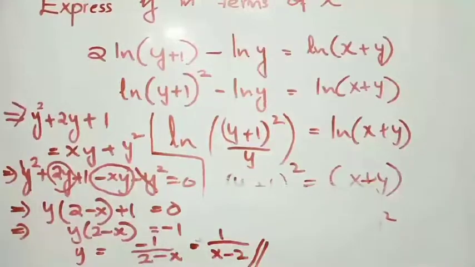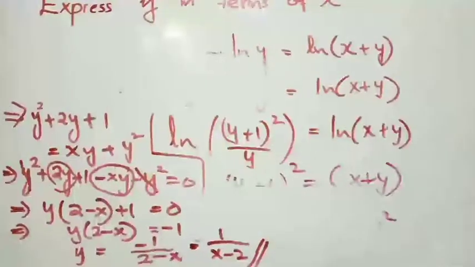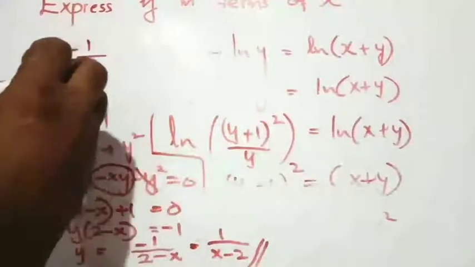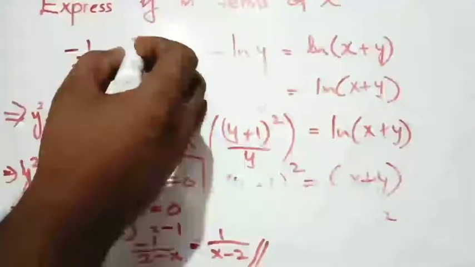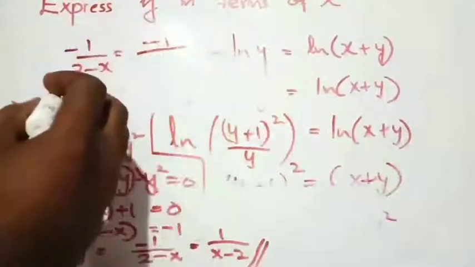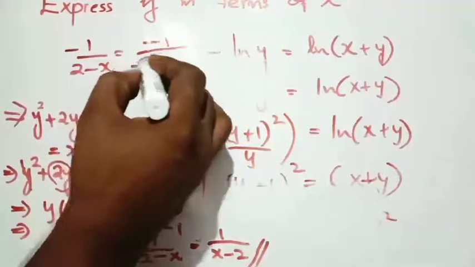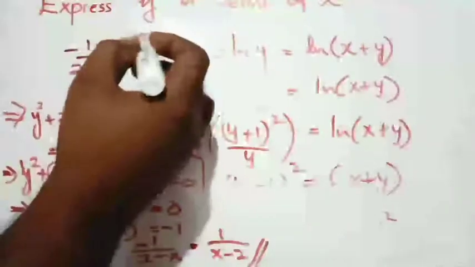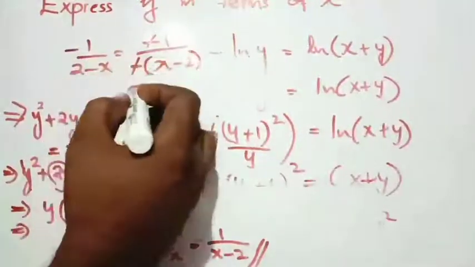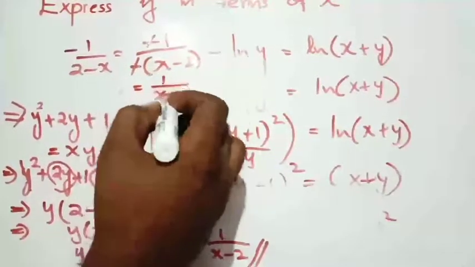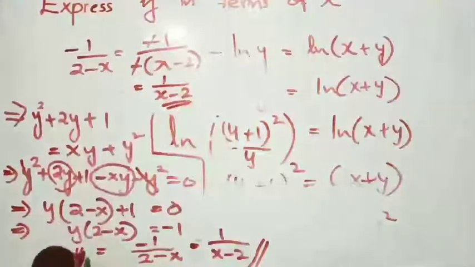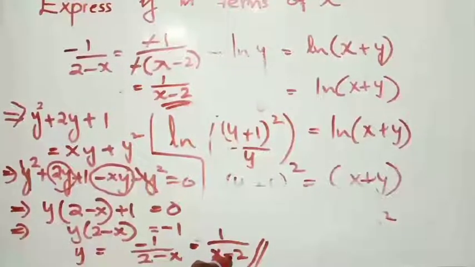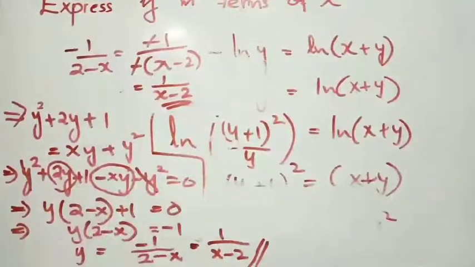How do you get minus 1 by 2 minus x as 1 by x minus 2? 2 minus x can be written as minus of (x minus 2). So this negative gets cancelled. We get the answer as 1 by x minus 2. So the value of y in terms of x is 1 divided by x minus 2.